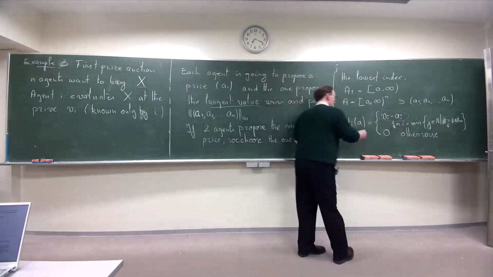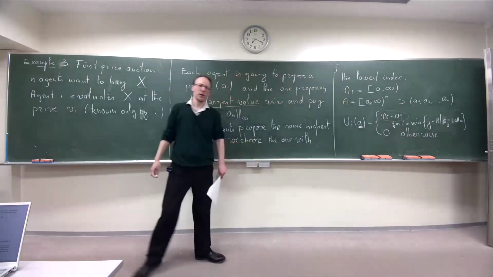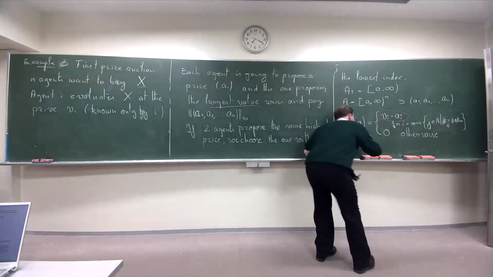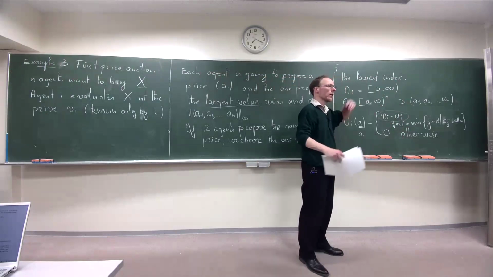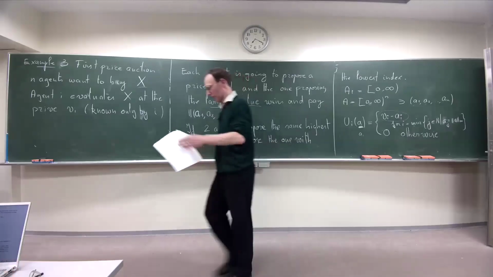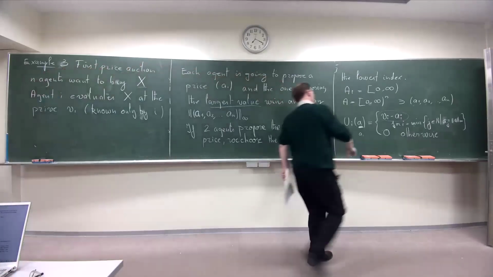And always be careful, you need the information about everybody. You cannot define Ui only with the information from Ai. Ui takes into account the price or the payoff by all agents. Okay. We move to the next section.